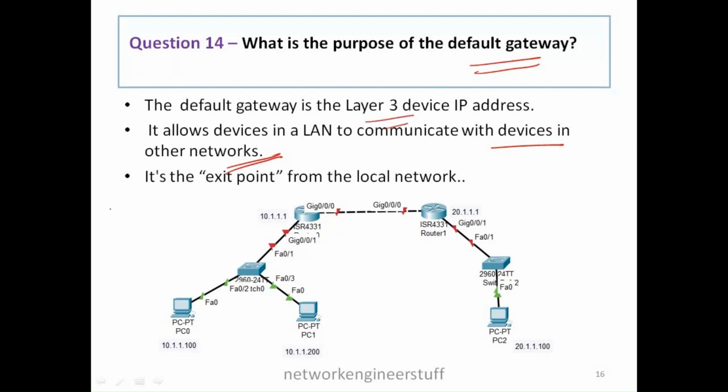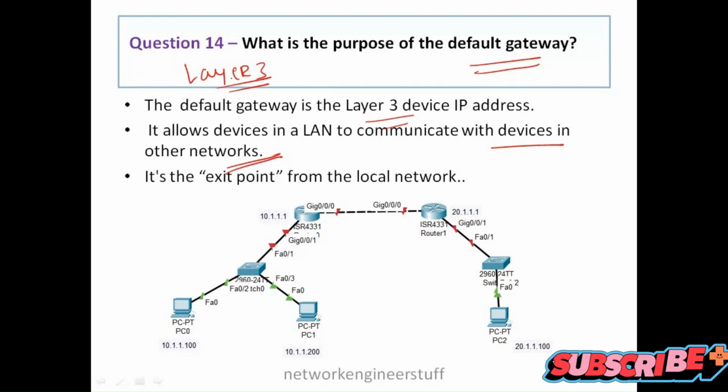As we saw in question number 11, a layer 3 device, or a router, is used to communicate between networks. So whenever you want to communicate between networks, you use a router.